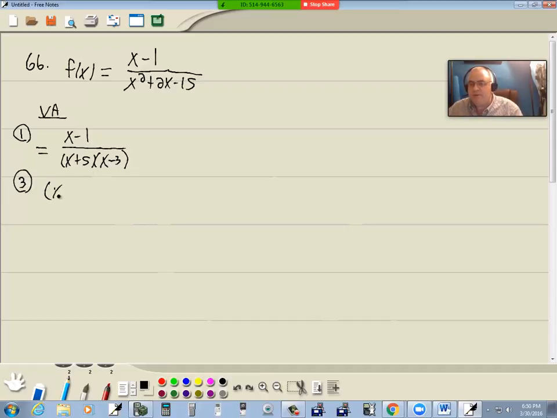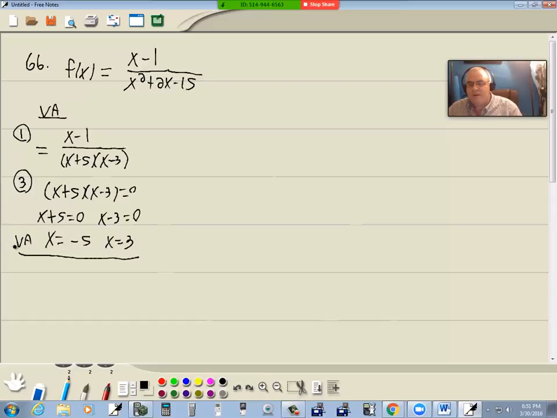We set our denominator equal to 0, and we solve it. Since it's already factored, I'm going to set each factor equal to 0. So I've got x plus 5 is equal to 0, and x minus 3 is equal to 0. Which means x is equal to negative 5, and x is equal to positive 3. And those are our vertical asymptotes.